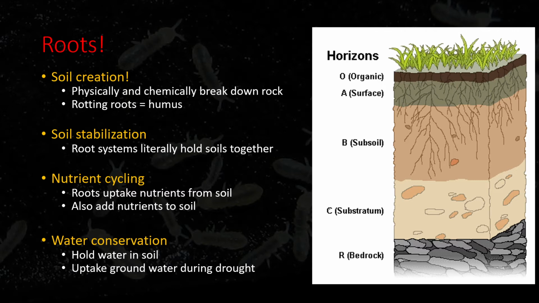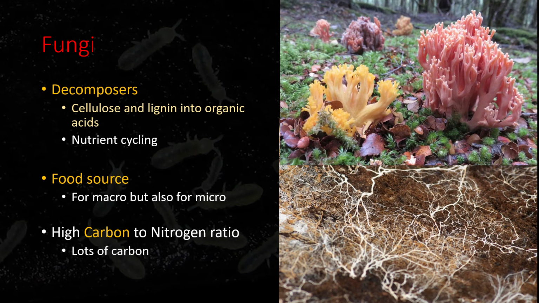There are certain soils that are defined by the amount of vascular material that is in them. But I just wanted to go over that again before we get into things like fungi.